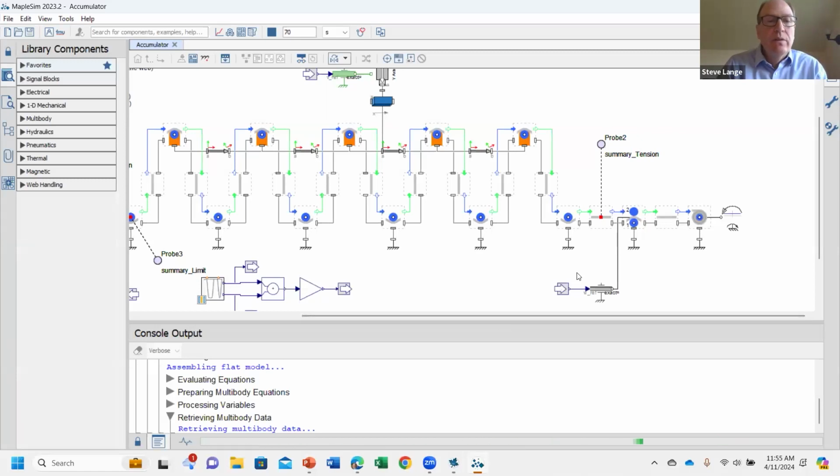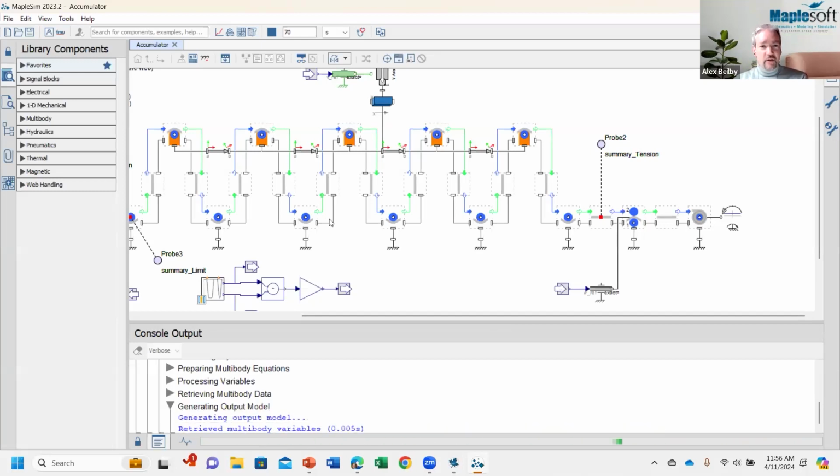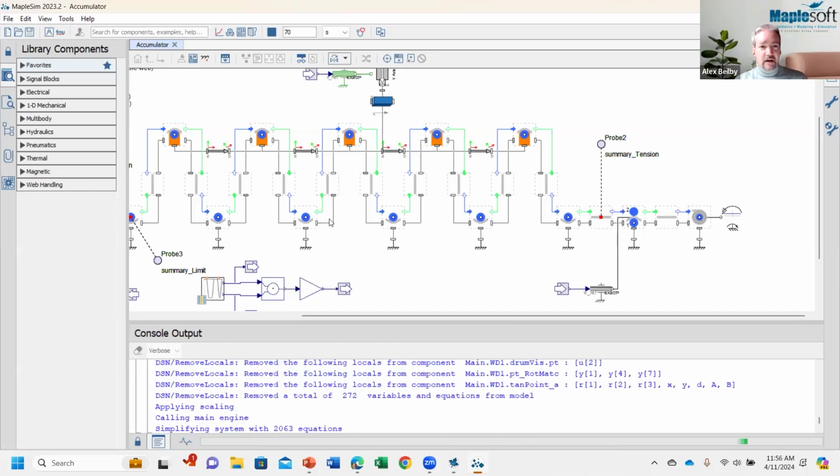You get the point. And the components actually look like the roller layout in the plant as well. So it gives you that sense of connection for operators, right?